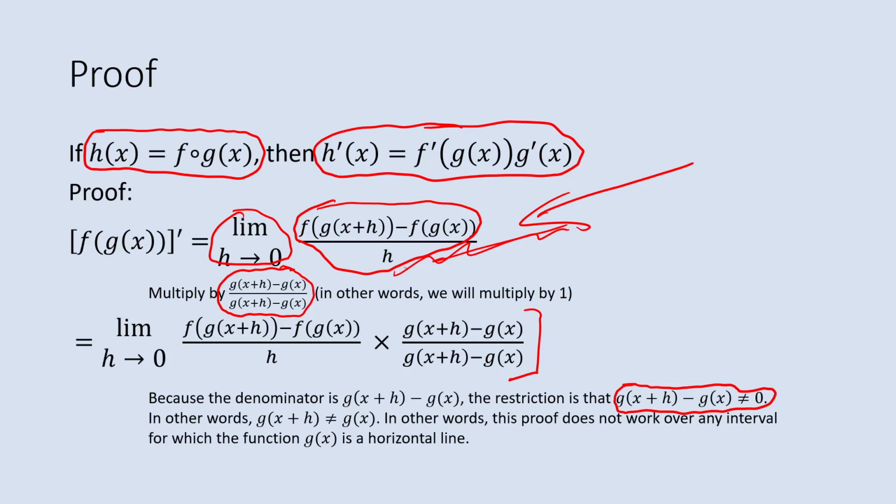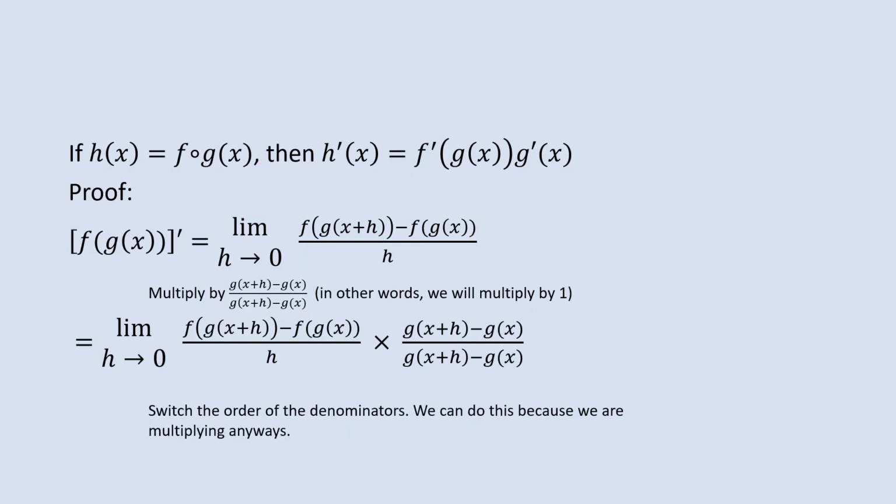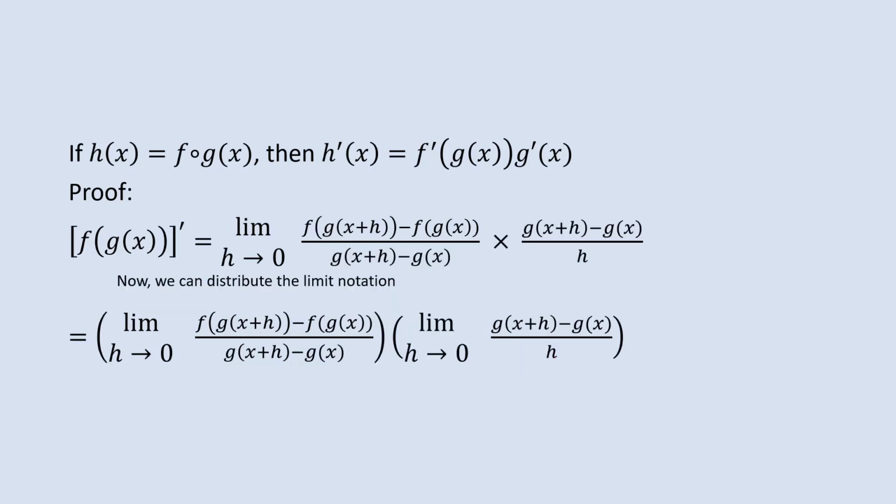Moving on, we're going to switch the order of the denominators. We're going to move the second denominator under the first fraction and the first denominator under the second one. And we're allowed to do that, we're just multiplying fractions.